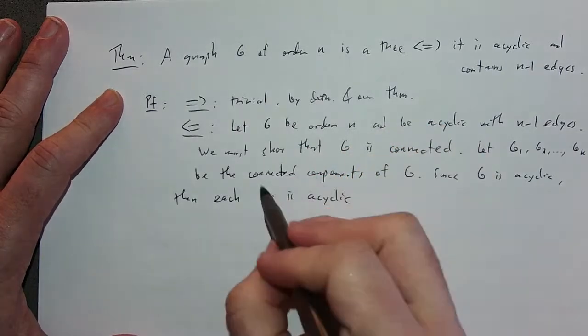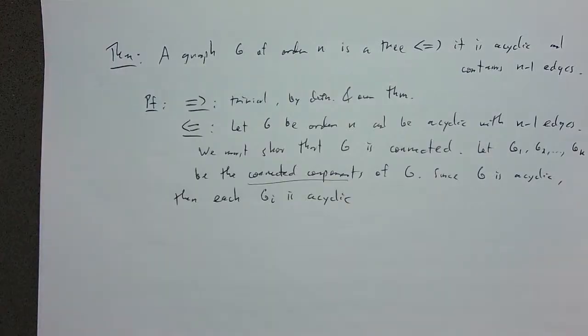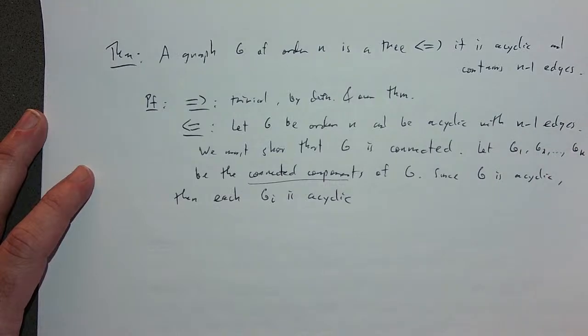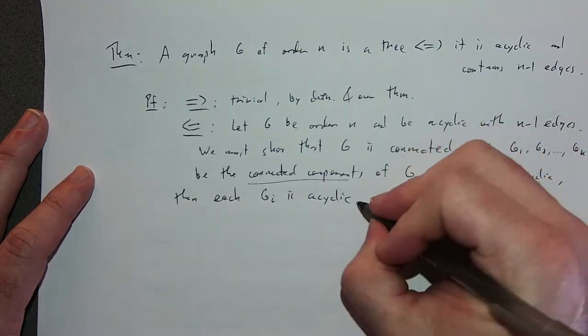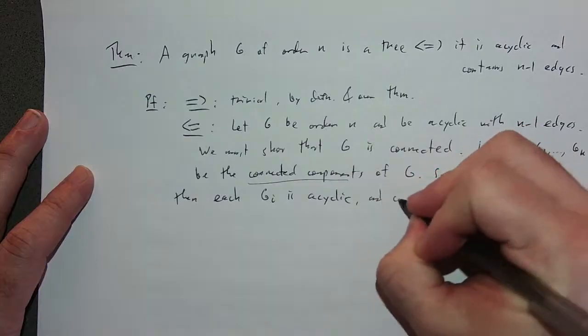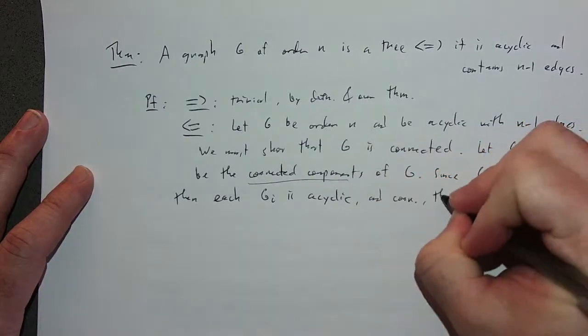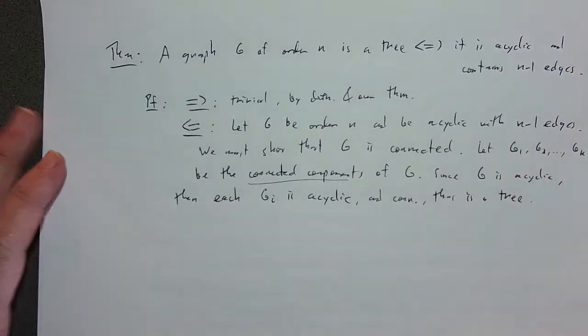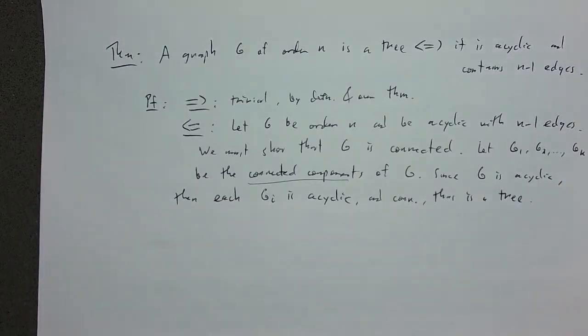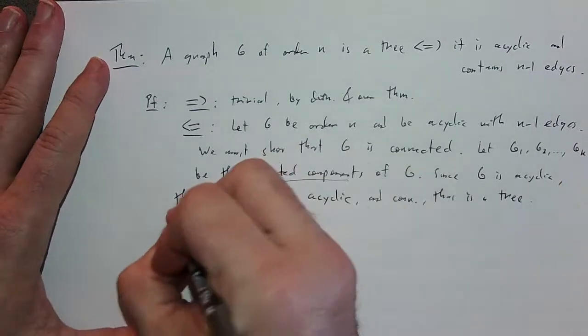But by definition, the connected components of G, if we consider them as their own graph in their own right, are connected. So each of the G sub i's is acyclic and connected, thus is a tree. So G is a forest.